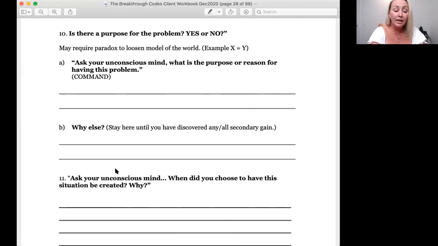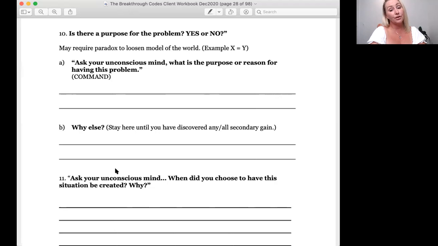Now, everything that we create, every behavior always has a higher purpose. Okay, you guys know that. So let's say, for an example, okay, let's say they do say yes.